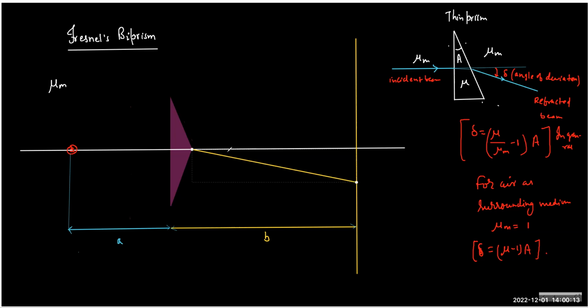This is the deviation angle for the upper prism, coming near the base. But at the same time, the light entering the lower prism will deviate upward. Understood?